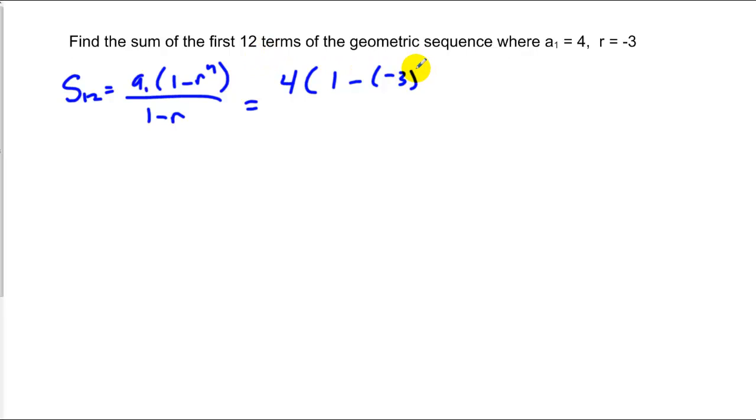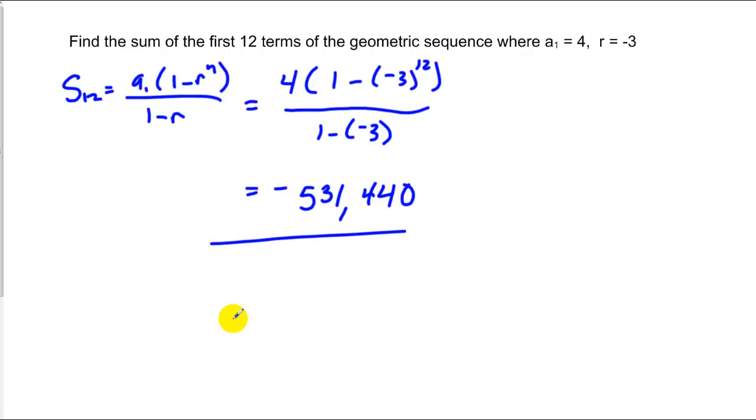The number of terms is 12, so that's raised to the 12th power, over 1 minus the ratio. And this turns out to be just a plug and chug problem. And we end up with a final value of negative 5,000 or 531,440 after putting it into our calculator.